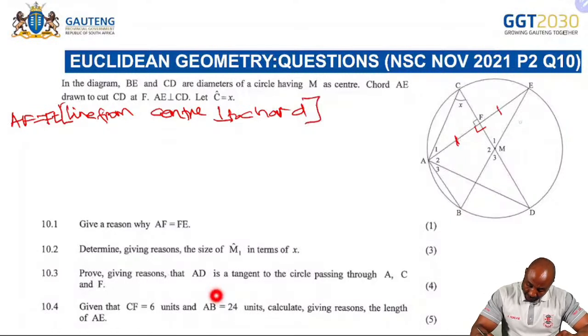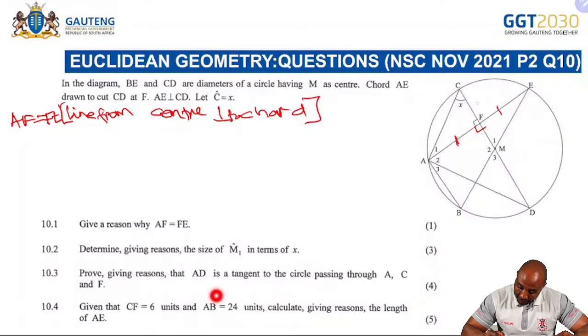The second question, determine with reasons the size of M1 in terms of X. We want to find M1 in terms of X. Which theorems do you see there? I'm seeing triangle ACF, and I'm also seeing so many triangles there, but we have to find the size of angle M1.